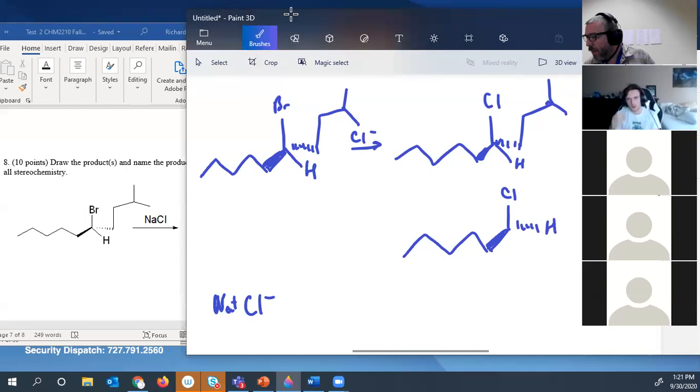And the other group now, let's see, have I got, I don't think I've got enough carbons there. C1, C was 1, 2, and then the, yeah, okay.